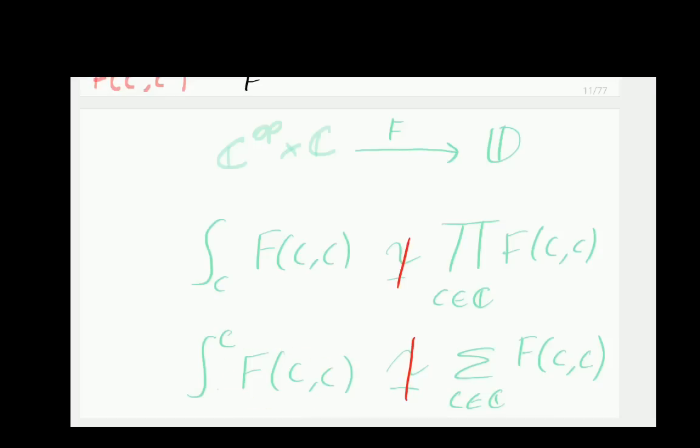And you can see now this notation is starting to make a bit more sense. This is the integral notation, and it means that we're varying C and adding F of C comma C. There are a lot of parallels between coend calculus and ordinary calculus, but you don't need to know any calculus.